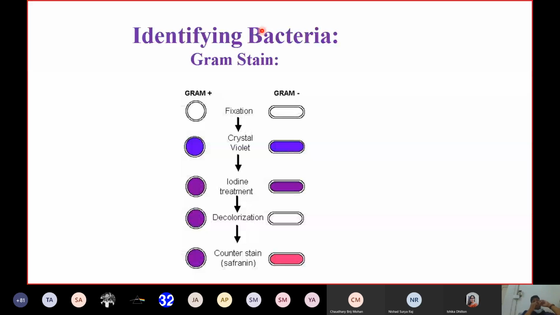First thing we do is gram stain. It has a very important role in identification, and a very important role in clinical management. So you should be able to justify the clinical importance of gram stain. That's your job, and that will be asked even in second year at any time in the examination. And again, that will be used in clinical practice.